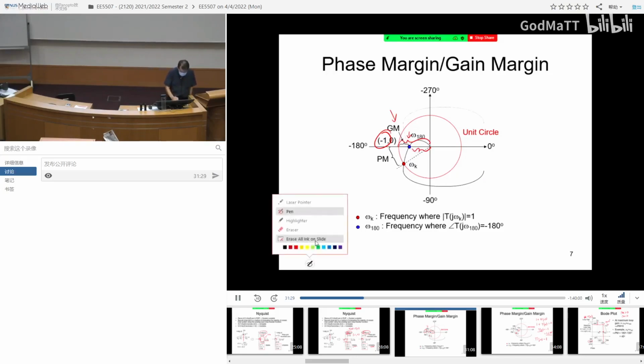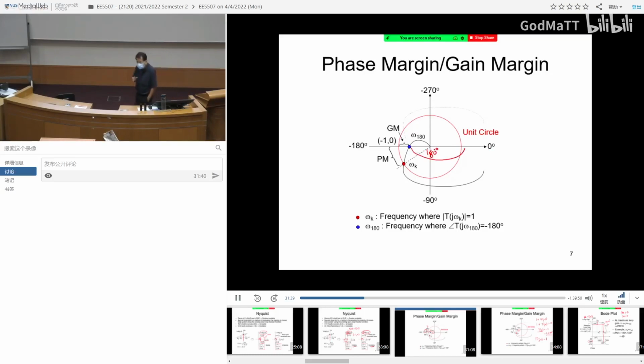And this is measured, if you think carefully, this is measured when your phase is actually 180 degrees. So the gain margin, the way it works is that you try to measure, okay, at 180 degree phase shift, what is the corresponding gain? If this gain is smaller than 1, it is stable. If this gain is bigger than 1, unstable.